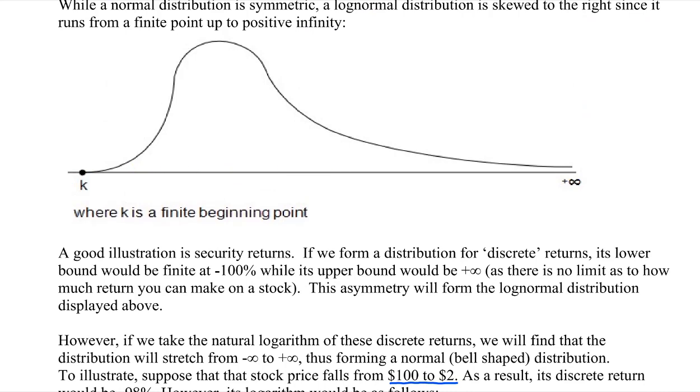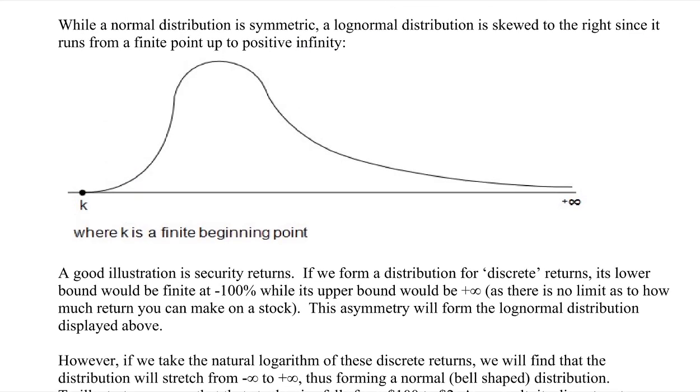Not to be confused, let's go back to this framework. Here you have a log normal distribution. Make no mistake about it. You can spot a log normal distribution because it's skewed. And all it's saying is if you take the logarithm of all these values, in other words, if you use continuous compounding, this would actually translate into the bell shape. So then it's just a matter of going back and forth.